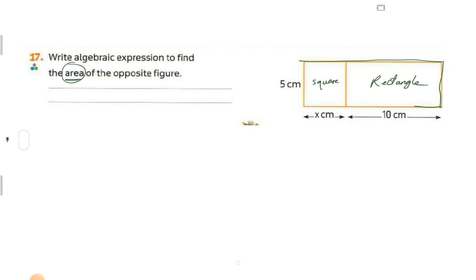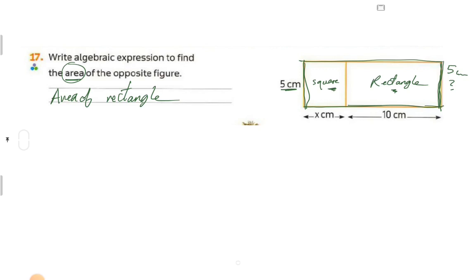So I need to find the area of the square plus the area of the rectangle. It's easy, step by step. First, the area of the rectangle. It's 10 times 5. This side is equal to this side, so it's 5 centimeters here.